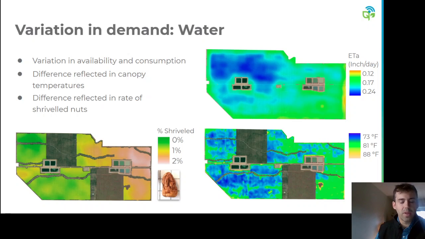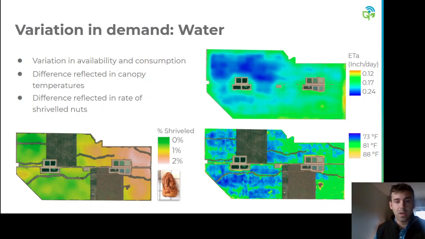Maybe I can get rid of them in the processing plant. All that is true, but you have to think of this as the tip of the iceberg. If you have 2% shriveled almonds, that means that there is a great percentage of the almonds that didn't reach the desirable size, and probably the yields of these trees are much smaller.